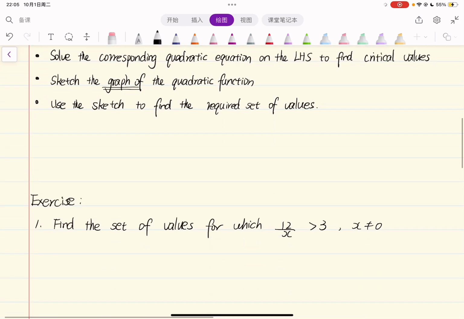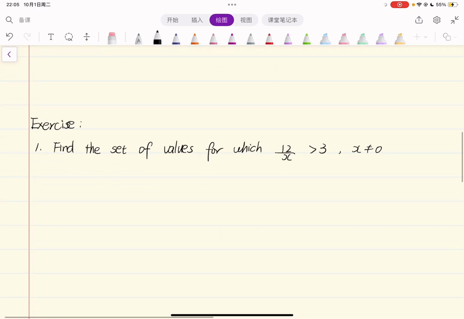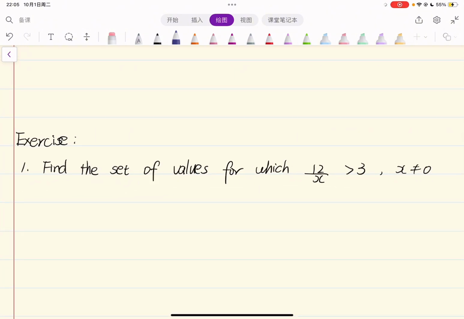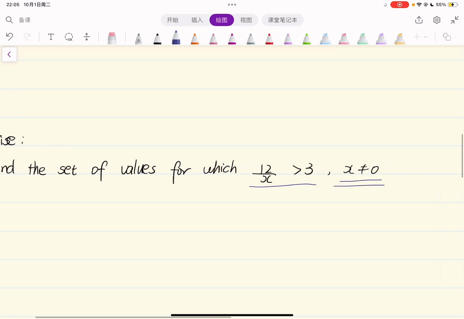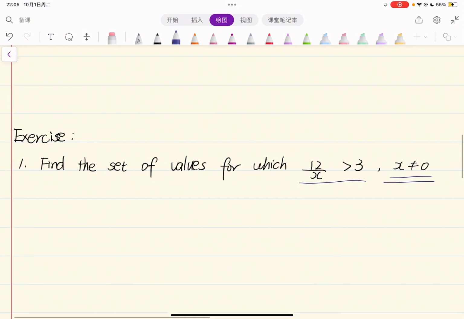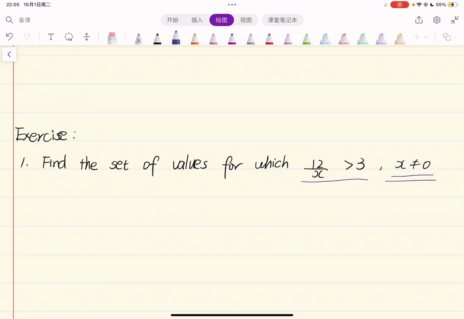Now let's move on to some examples. The first question asks us to find the set of values for which 12 over x is greater than 3, where x does not equal 0. One thing we need to be aware of is that x is in the denominator.